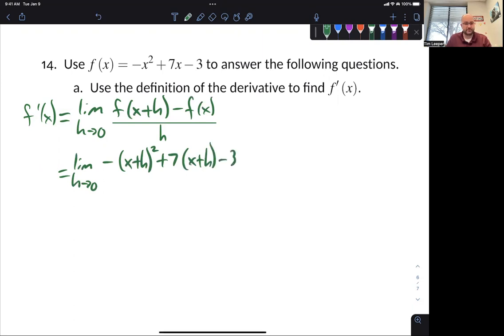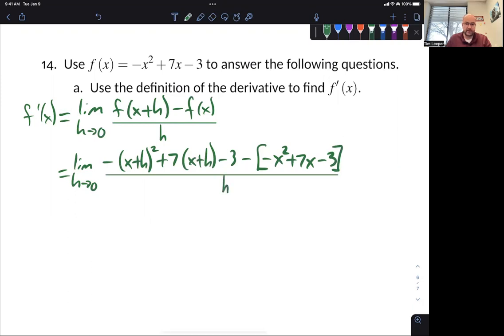And that right there is f of x plus h. And then subtract off the entire original function of negative x squared plus 7x minus 3. And then divide all of that by h. Good. At this point, it's just algebra, time to simplify.